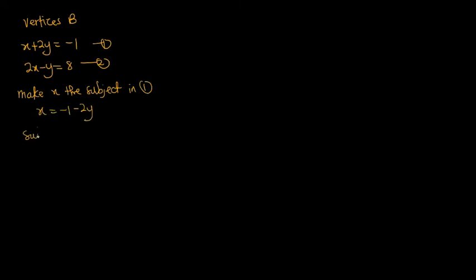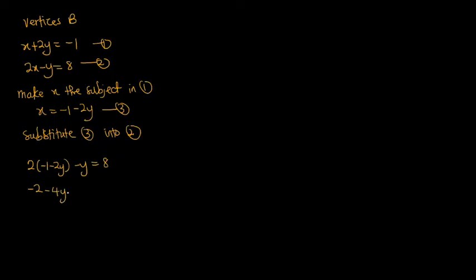So let me make this equation 3. Substitute equation 3 into equation 2, I will get 2 into bracket -1 minus 2y, minus y is equal to 8. If I multiply by 2, I get -2 minus 4y minus y equals 8.